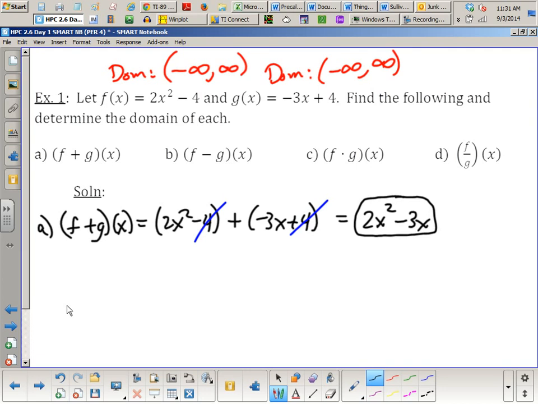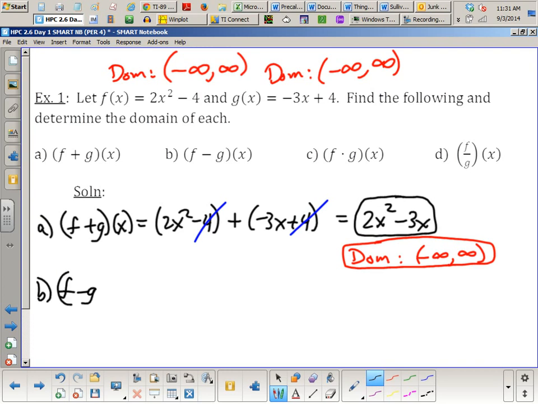So what's the domain? All real numbers. You can tell from the expression that you just wrote, 2x squared minus 3x, that any number can be plugged in. There's no denominators, there's no radicals.